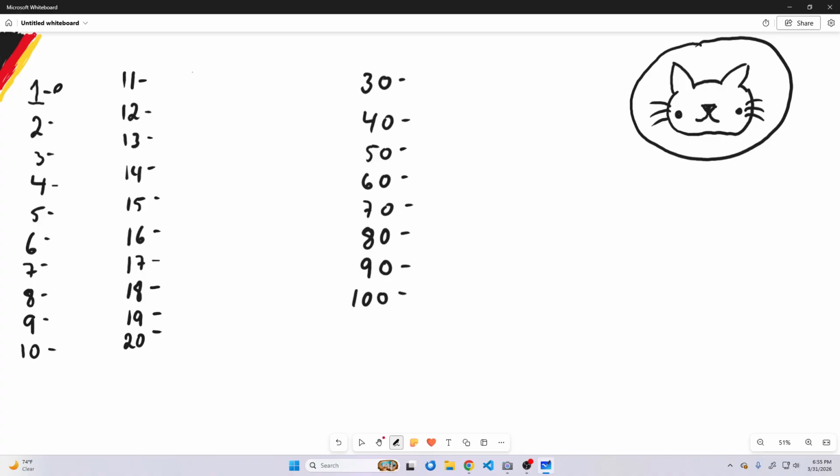So we have eins, zwei, drei, vier, fünf, sechs, sieben, acht, neun, 10.